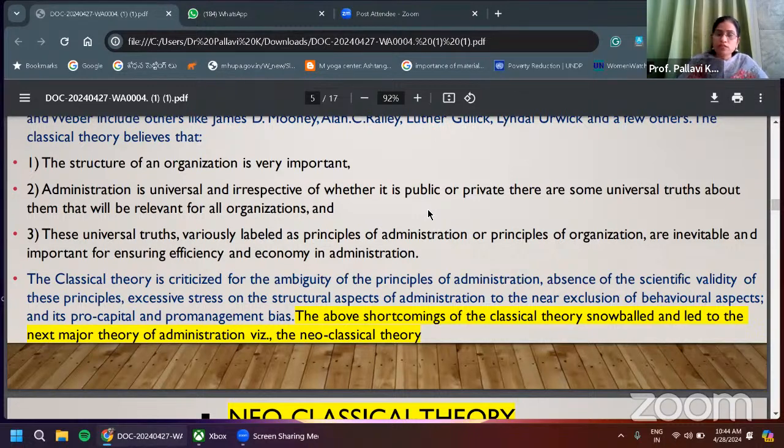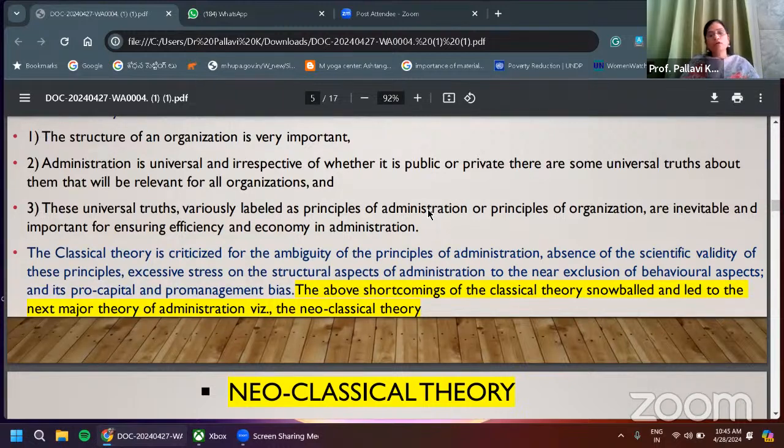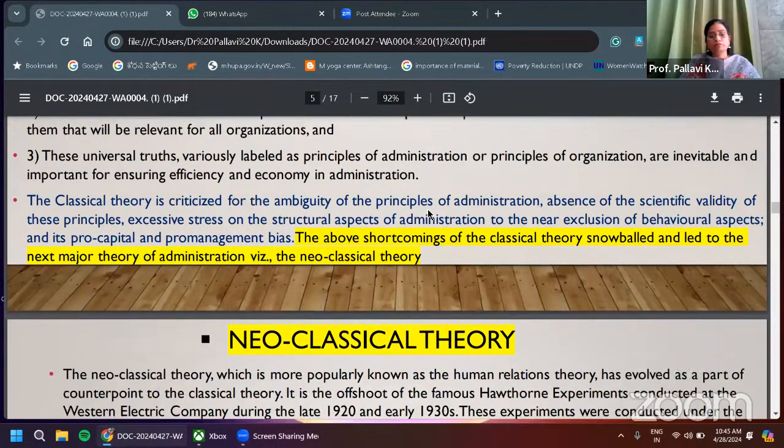They look for efficiency and economy in administration. Every organization has certain goals, isn't it? All organizations work to achieve specific objectives and goals. So to ensure efficiency and economy in any administration, the principles of organization are very essential according to the classical theories.